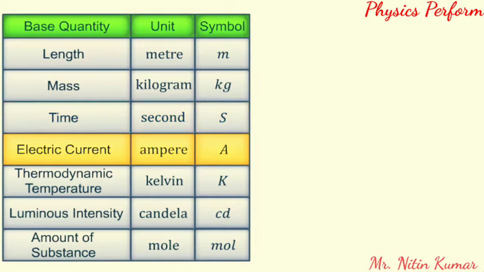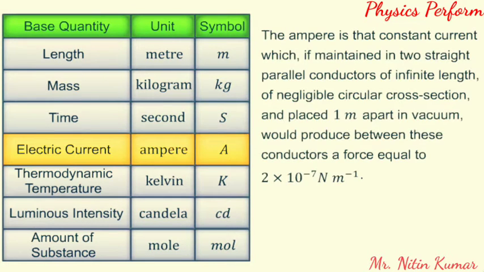Electric current is measured in ampere, denoted by the capital letter A. An ampere is that constant current which, if maintained in two straight parallel conductors of infinite length, of negligible circular cross-section, and placed 1 meter apart in a vacuum, would produce between these conductors a force equal to 2 multiplied by 10 raised to the power minus 7 Newton per meter length of the conductor.